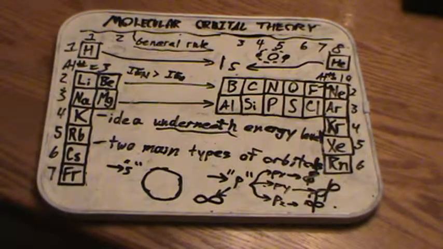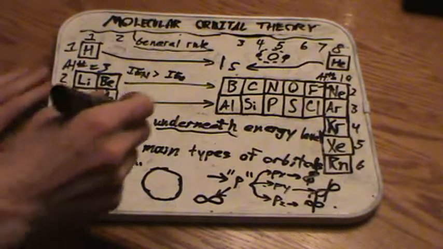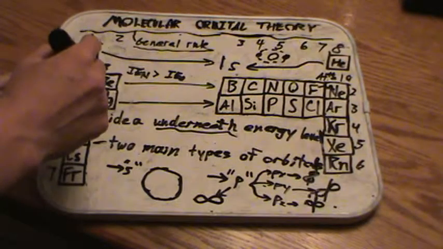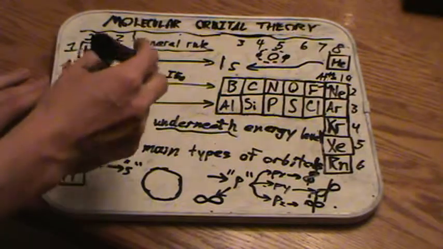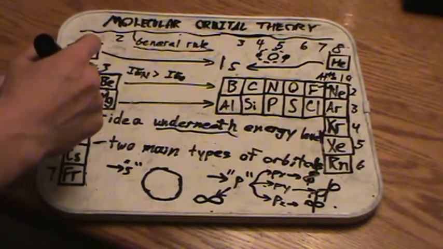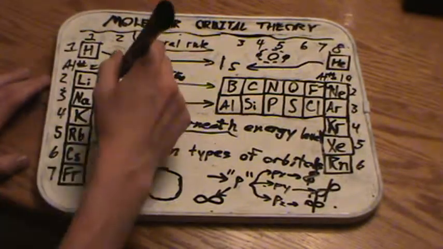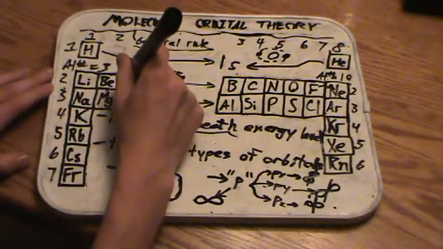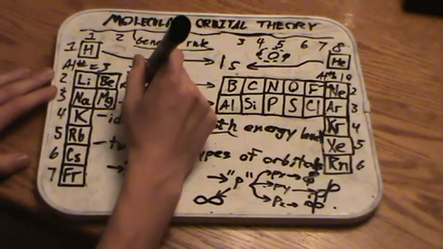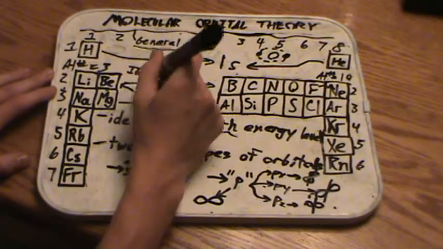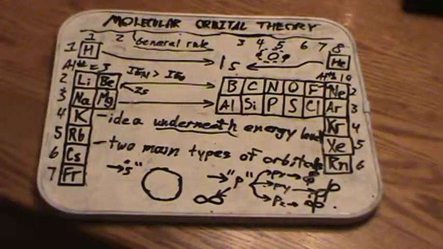Why this is important is that if we were to move to the second energy level, the first two elements, lithium and beryllium, would also be part of the s orbital, but in this case the 2s orbital because they are in the second energy level.